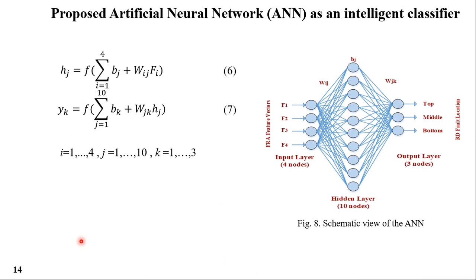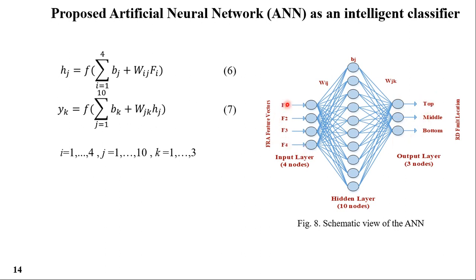The structure of the artificial neural network is demonstrated in figure 8. We have designed an artificial neural network in order to classify the locations of RD defects.